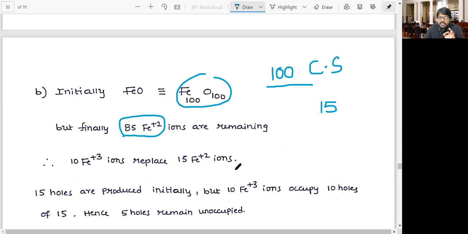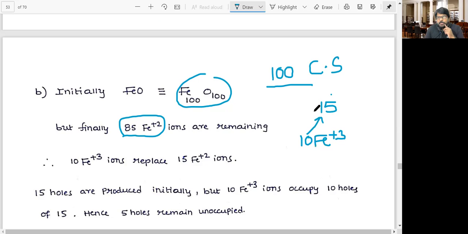How many? 15. But 10 Fe+3 ions are there, to maintain electrical neutrality. These 10 Fe+3 ions will occupy only 10 sites.